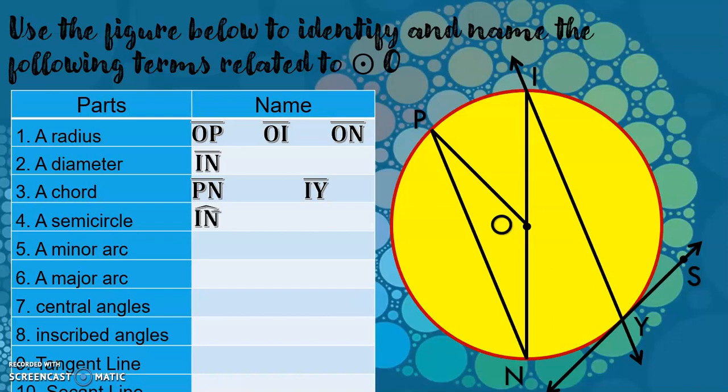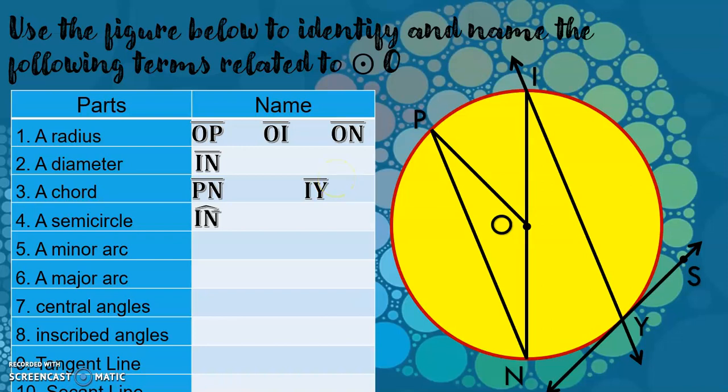So whichever part of the circle will be taken, it is still the arc IN. So take the left side, it's arc IN. Take the right side, it is also the arc IN.